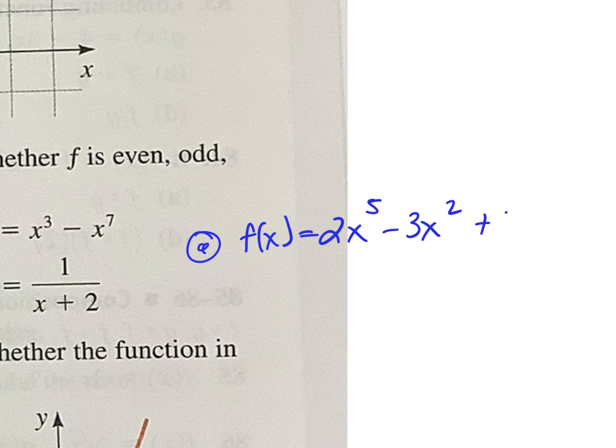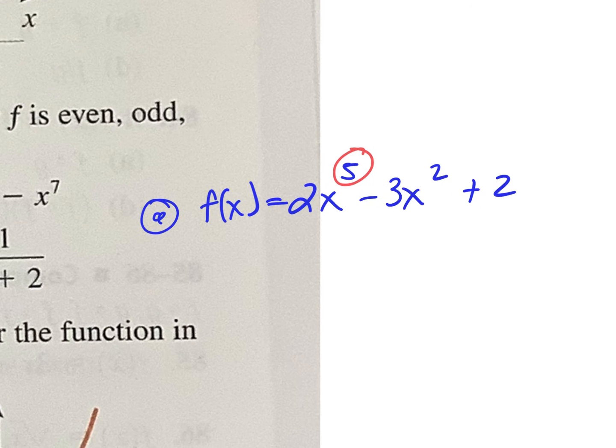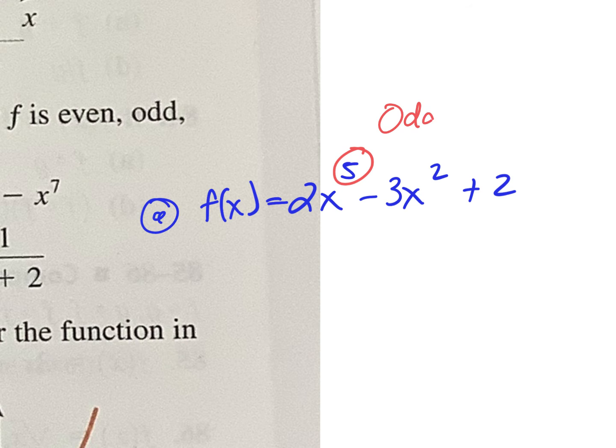Now, we've got to go through some things to remind ourselves what's going on here. First of all, how do I figure out whether I think it's odd, even, or neither? You look at the biggest exponent. The highest exponent I have is 5. What kind of number is 5? So my 2 options are either odd or neither. That's it.